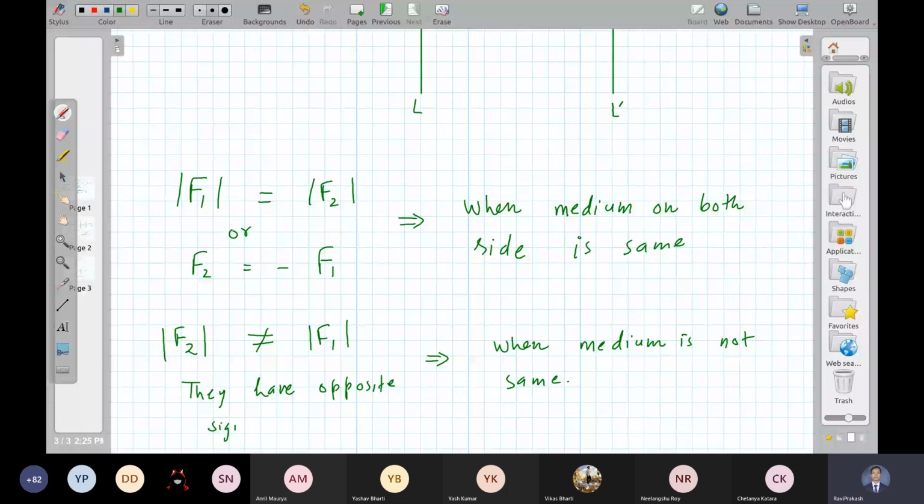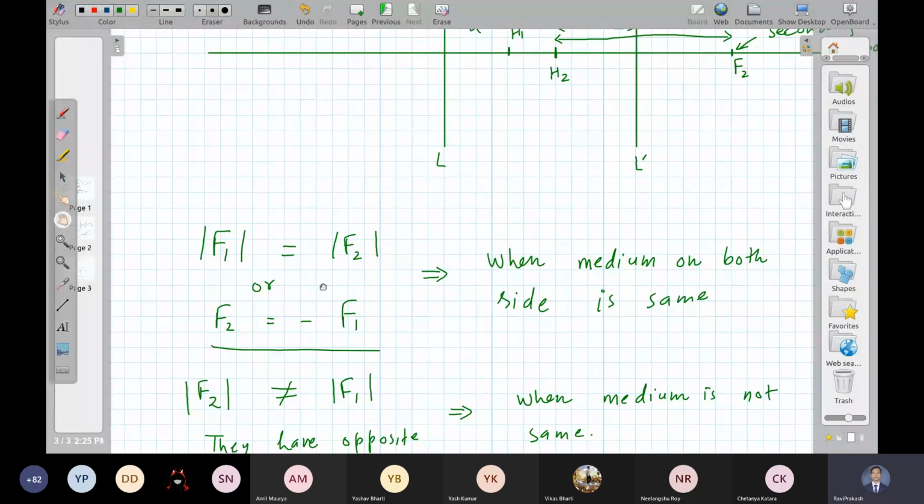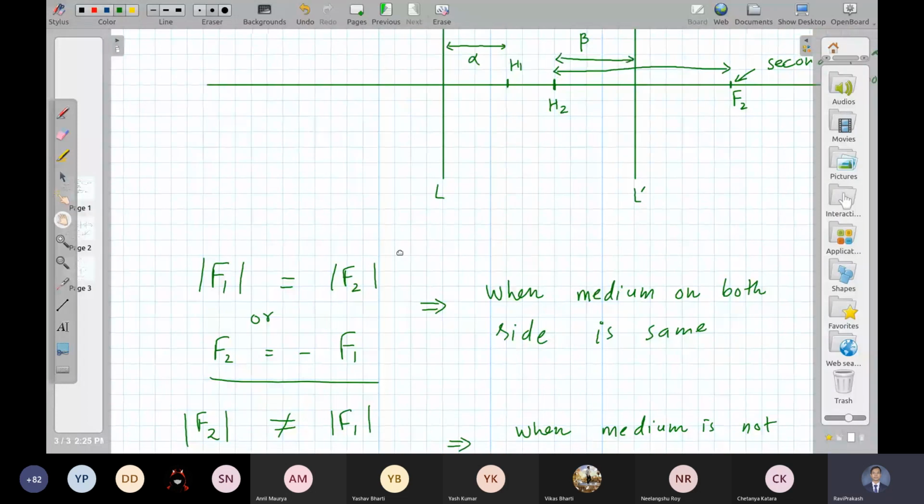Since in all the real purpose cases we usually have air everywhere, we follow this case. So like in this case, I am assuming that there is air everywhere. What is first focal length? In magnitude, it is same as this much, इतनी ही है, but with an opposite sign.